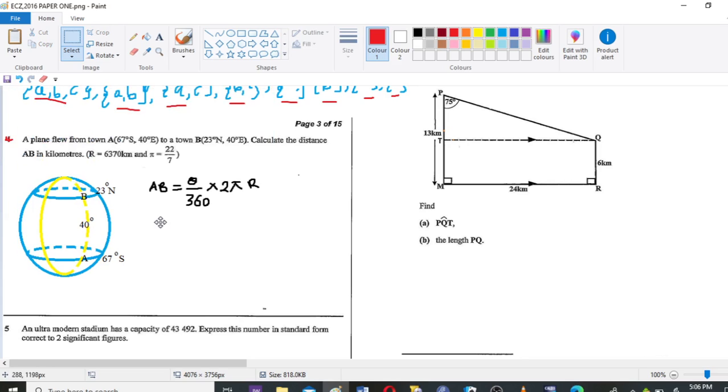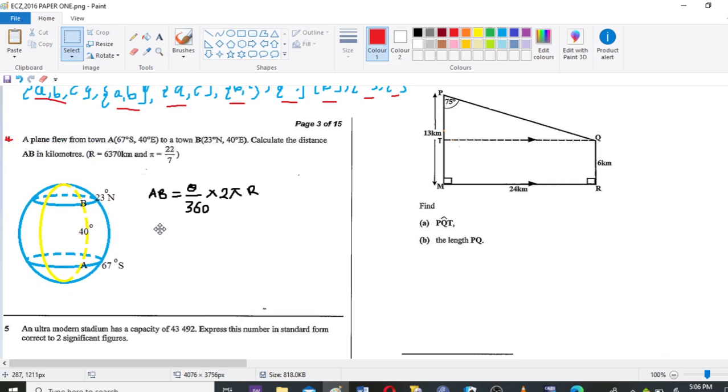If you want to really understand the question, you can draw it. Drawing the information on the diagram, it will look like this. You have the latitude on the south side, that is 67 degrees south, and another latitude at 23 degrees north, and your longitude at 40 degrees east.